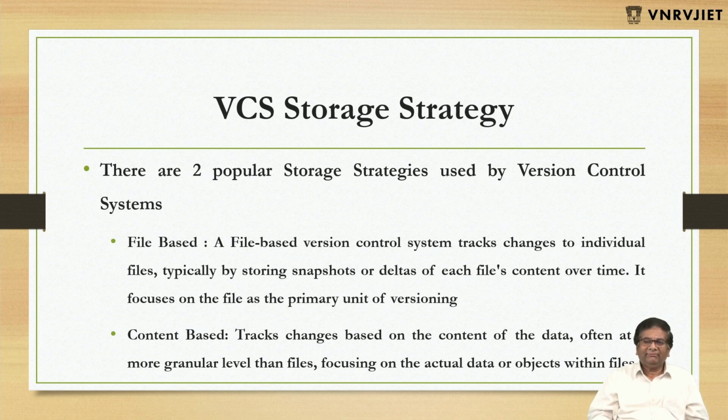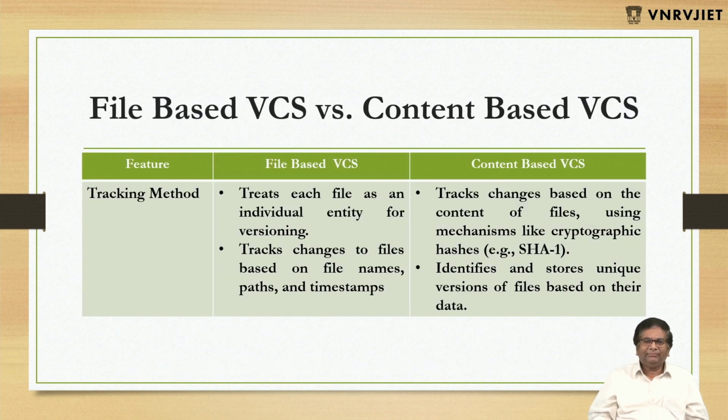It focuses on the file as the primary unit of versioning. Content-based systems track changes based on the content of the data, often at a more granular level, focusing on the actual objects within the file. So these are the two strategies. Let's compare them and see what exactly they mean.